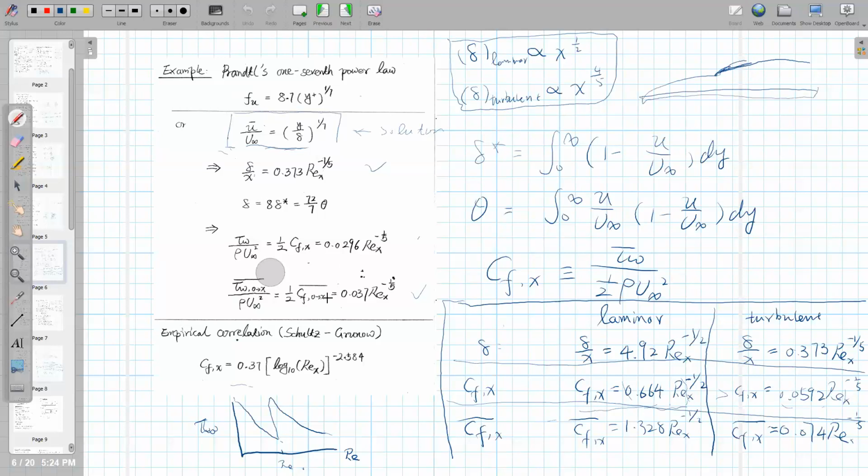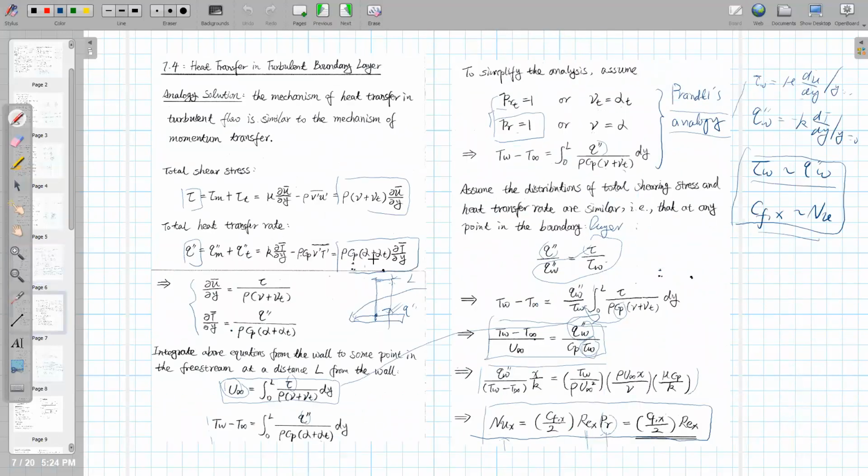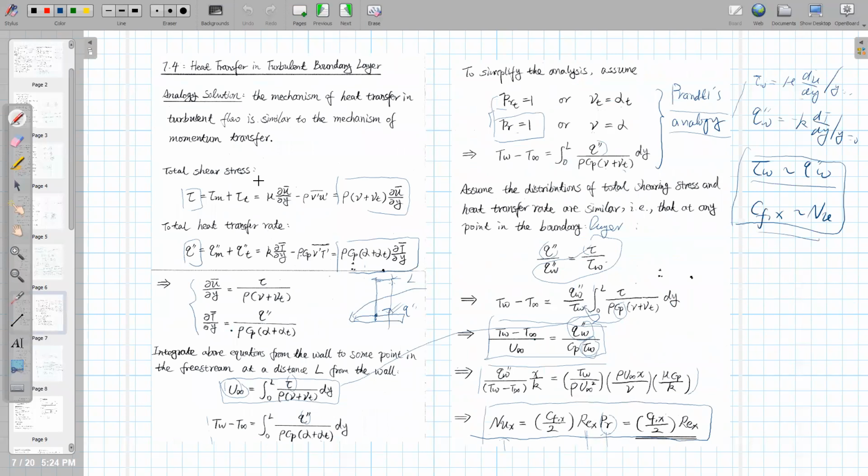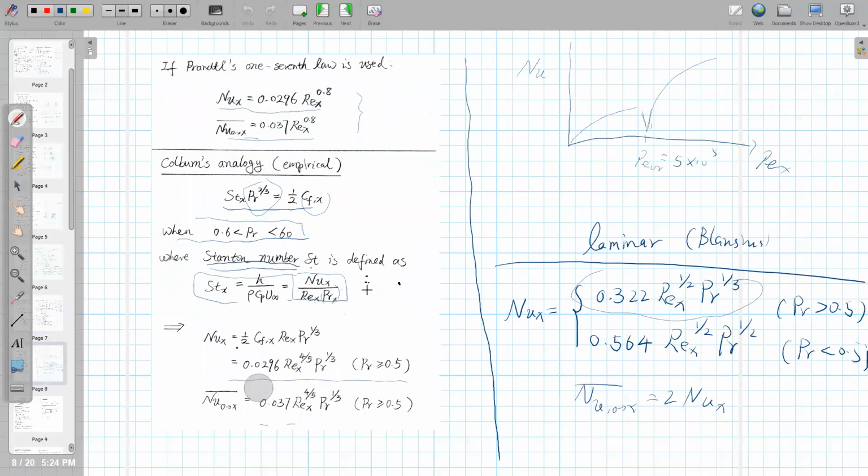On the thermal side, we use the so-called Colburn analogy, an analogy between the heat transfer and the momentum transfer in the turbulent field, the analogy between tau_w and q_w''. With the analogy between these two, we get this equation. So this is the result.